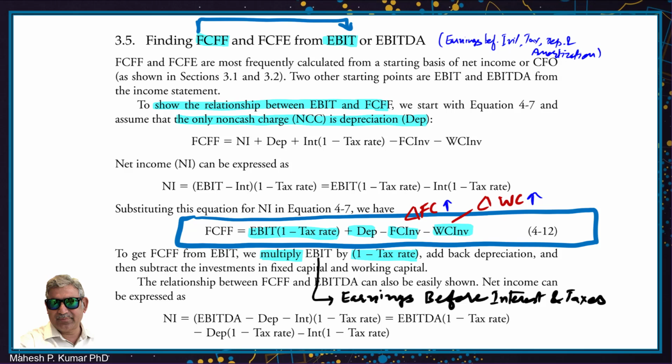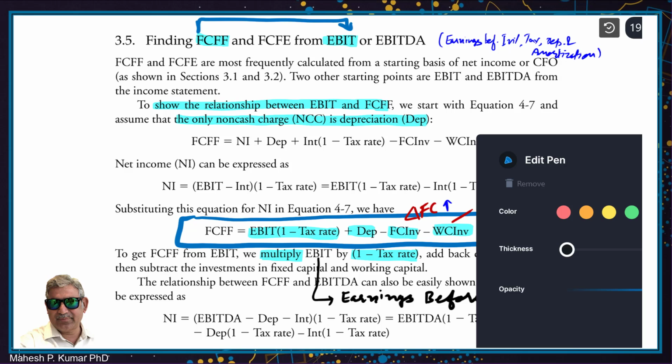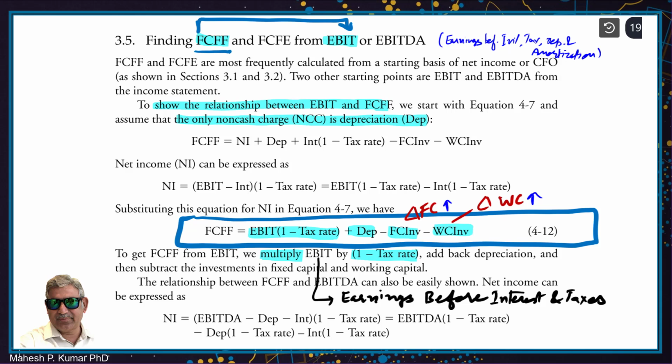In this learning, we are talking about free cash flow to the firm, and we are calculating it from EBIT. Here we are being introduced to two concepts.